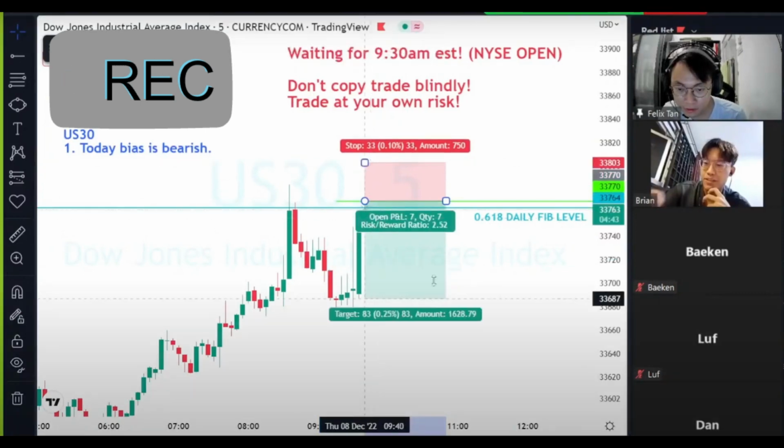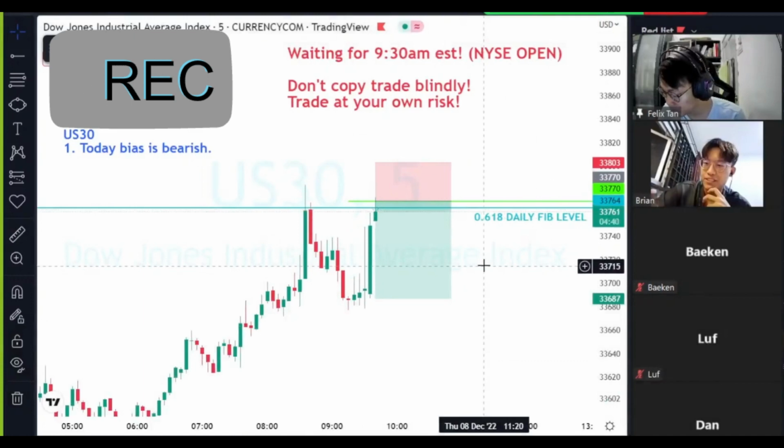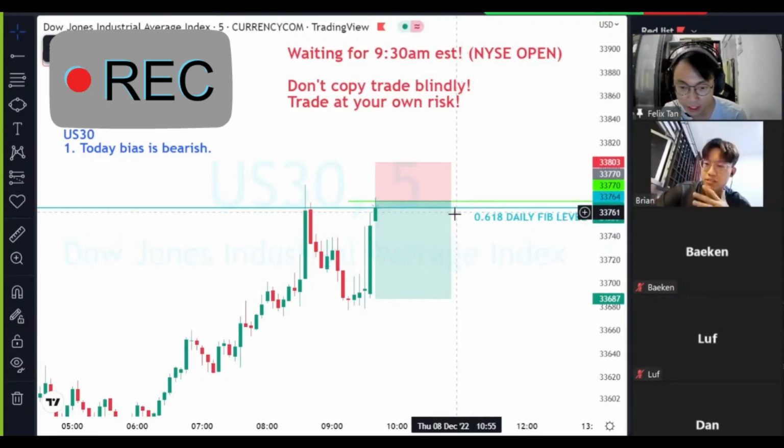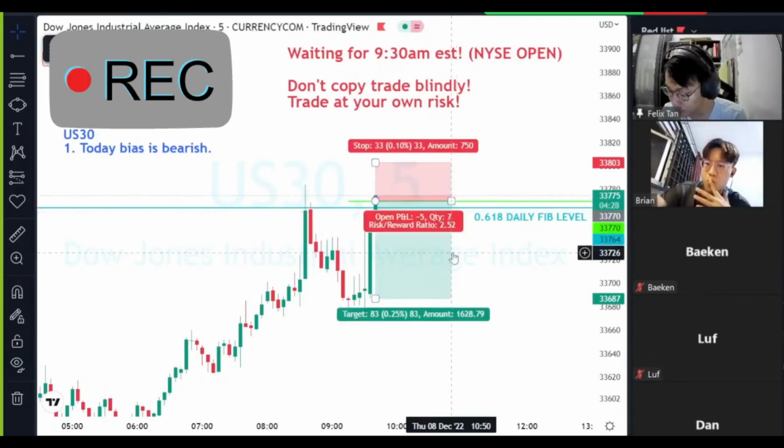No, it's back at my entry. Pushing down. We need 20 pips, right? Remember, set the break even at 20 pips of profit. Right now, still above our entry, we are in slight drawdown. Let's see if we're going to get the fourth winning streak, or we're going to end here for US30.